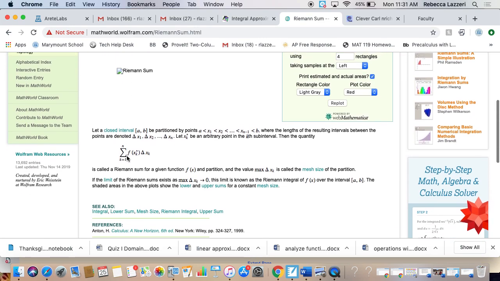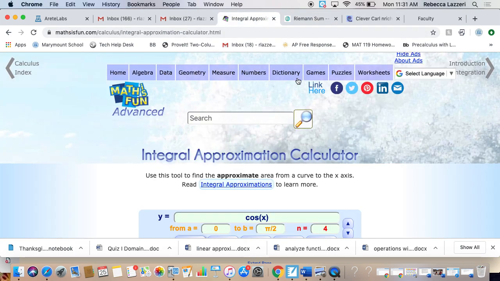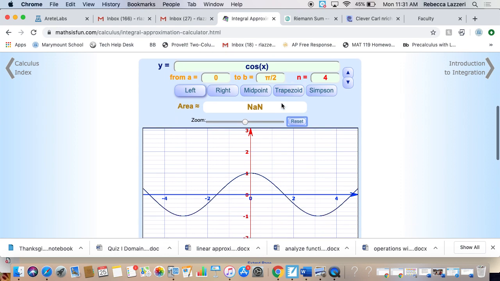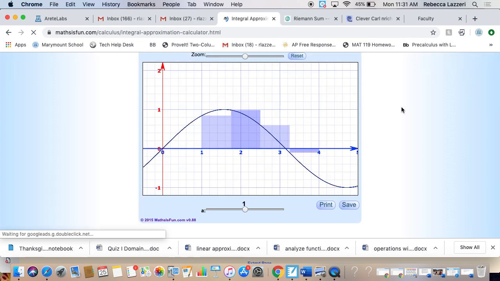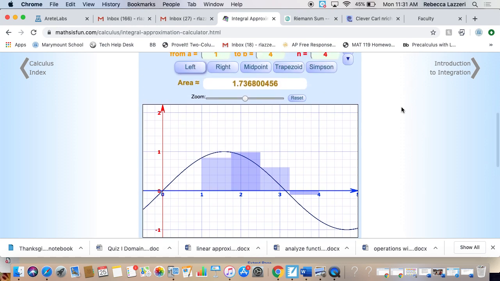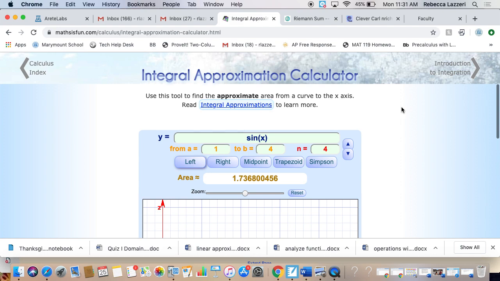Ah, darn. Don't know what's happening. Let me refresh. Oh, there, I got it. All right, but that should only, oh. That's not going to pi over 2, though.